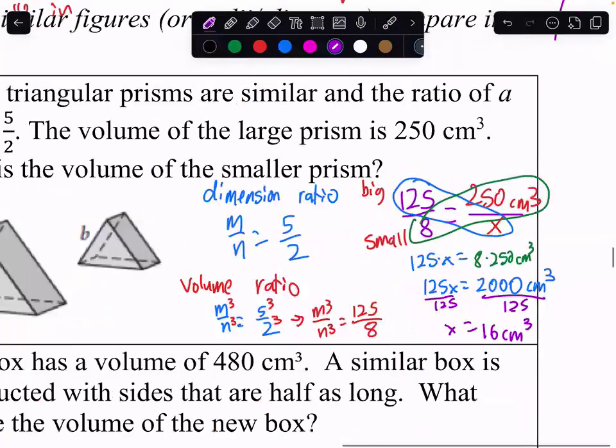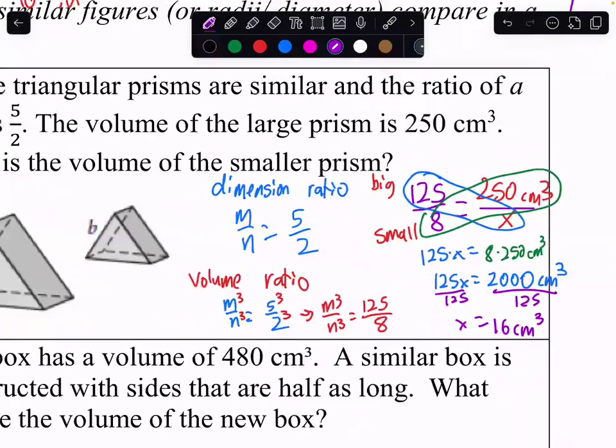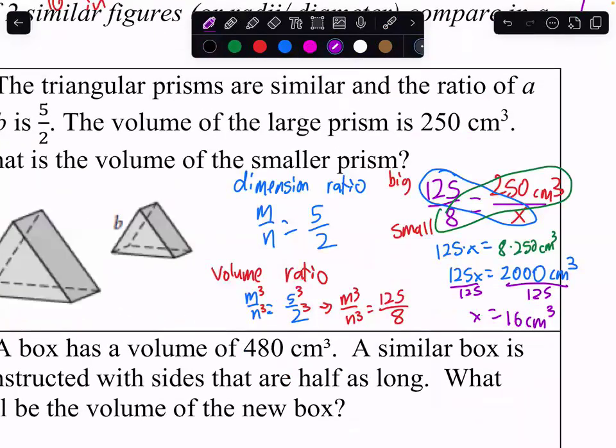Okay, so yeah, that's right. The smaller, the rectangular prism, has a volume of 16 centimeters cubed.